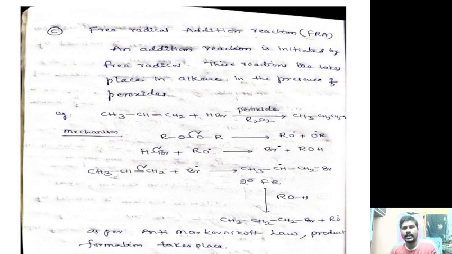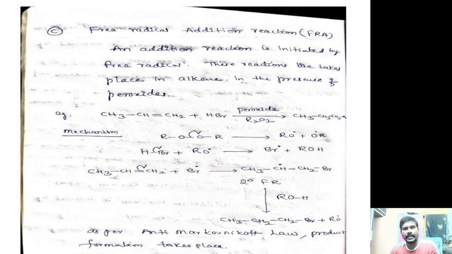Anti-Markovnikov law, what is the meaning? The radical or negative part, the halogen, adds at the carbon which has more hydrogens. That is called the anti-Markovnikov law. The anti-Markovnikov product is formed in free radical addition reaction.